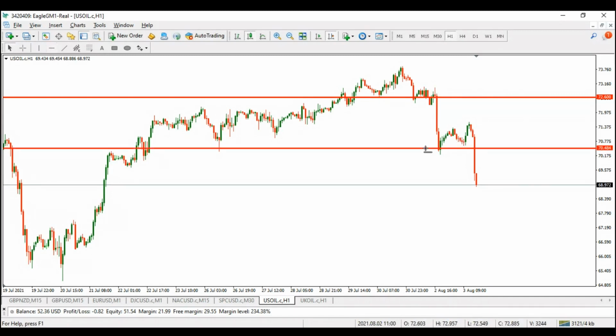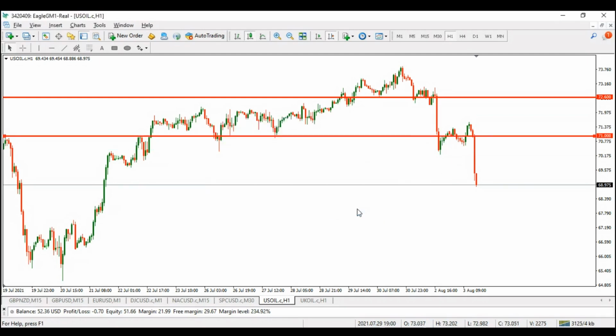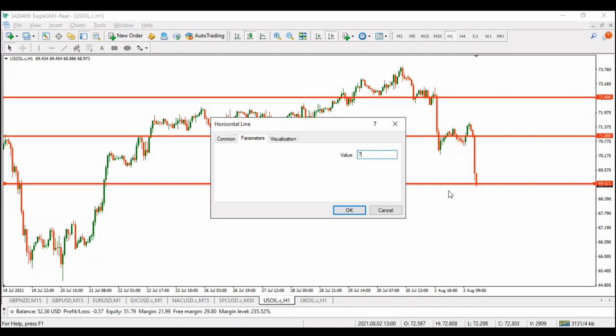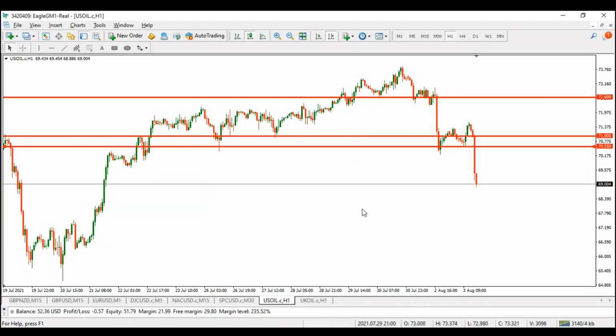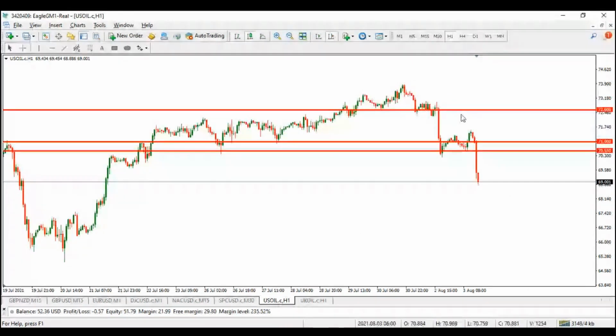We said the first target will be 71 and the second target will be 70.55. And you can see how price traded through both targets.